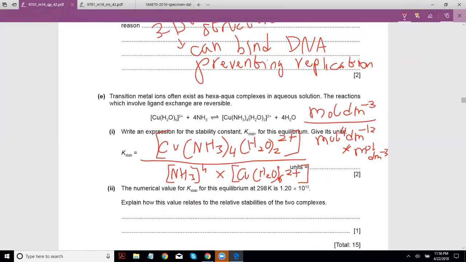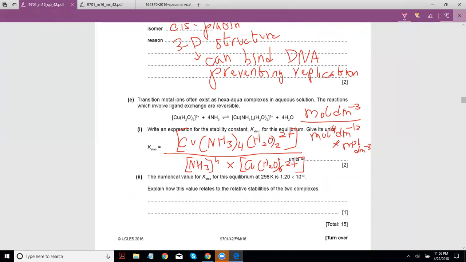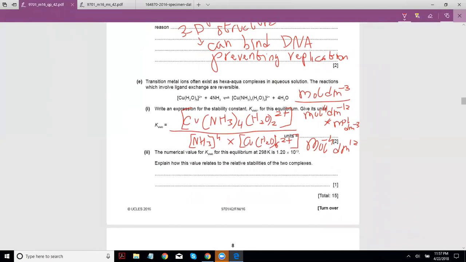Sorry, what was the final answer? Mole to the minus 4, dm to the power 12. So basically just simplify the expression that we wrote above.